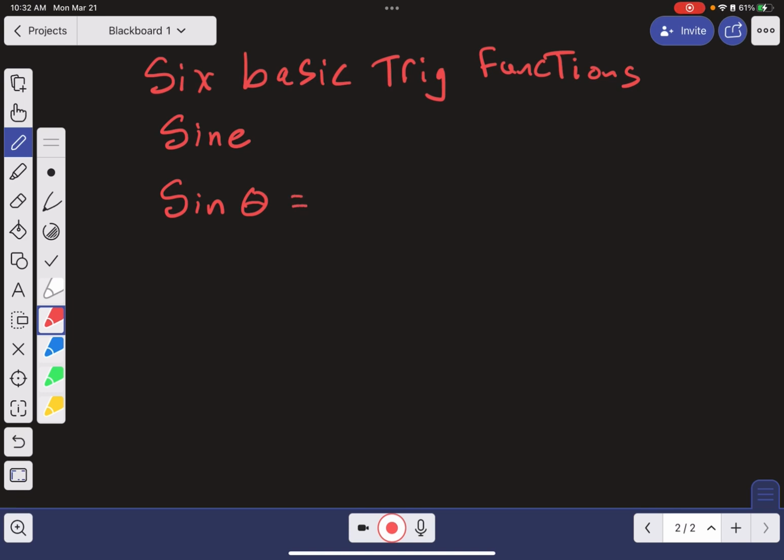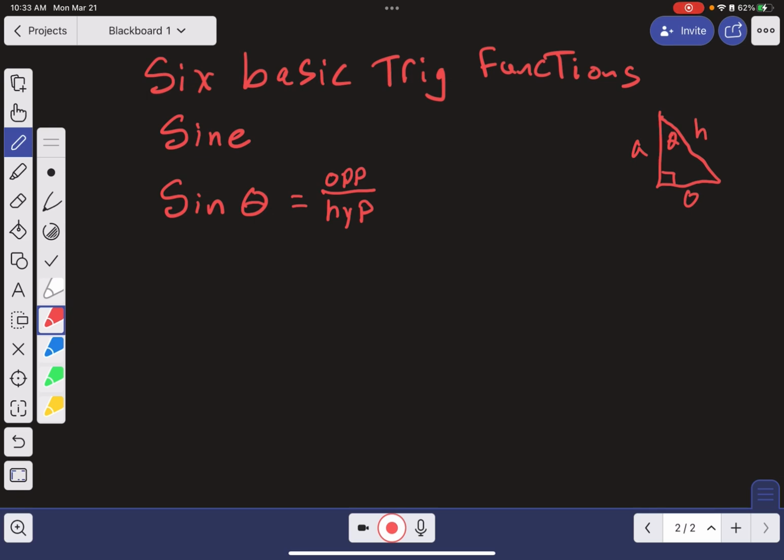The sine of our theta ratio is going to be the length of the opposite side over the length of the hypotenuse. That's what our sine ratio is. So if we have our little triangle sitting over here, here's adjacent, here's hypotenuse, here's opposite.